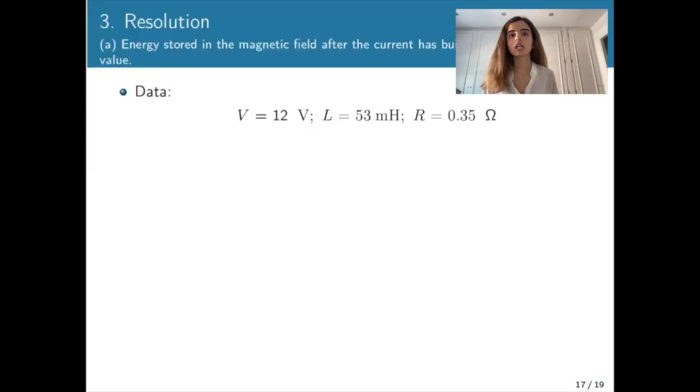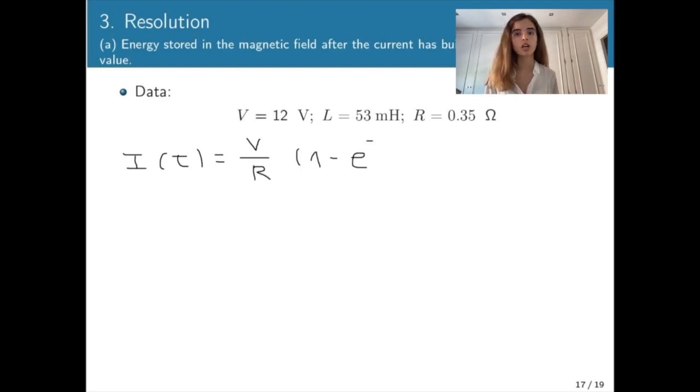Okay, so this is the data given by the statement, and first of all, we have to take into account that calculating the energy in the magnetic field when I has built up to its equilibrium value is analogous to calculating the energy on a stationary circuit. Therefore, we use the formula of a charging RL circuit with t tending to infinity, which makes the exponential vanish, and therefore the intensity is equal to voltage over resistance.